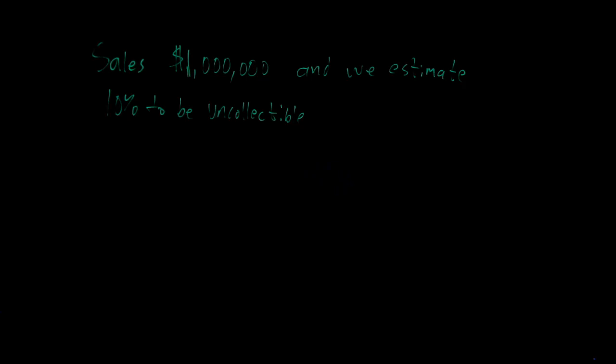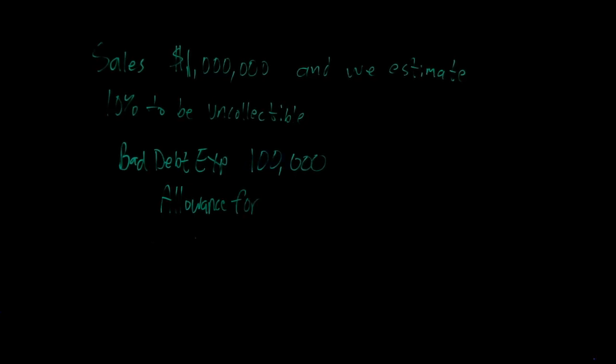So 10% of 1 million is 100,000. So what we would do is we would debit bad debt expense for 100,000. And then we're going to credit allowance for uncollectibles for $100,000.